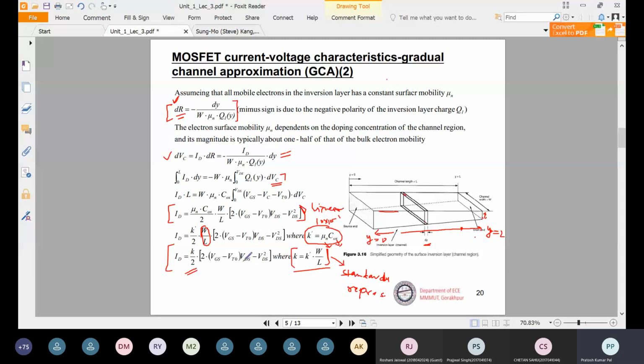ये expression हमने देखा था. At that time, जब VDS जो है वो VD sat से बड़ा होगा, that means VDS is greater than or equal to VD sat.